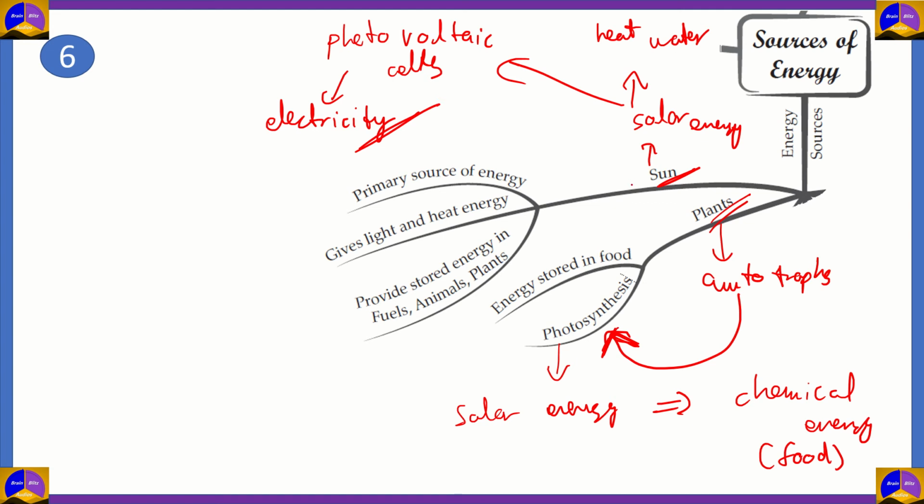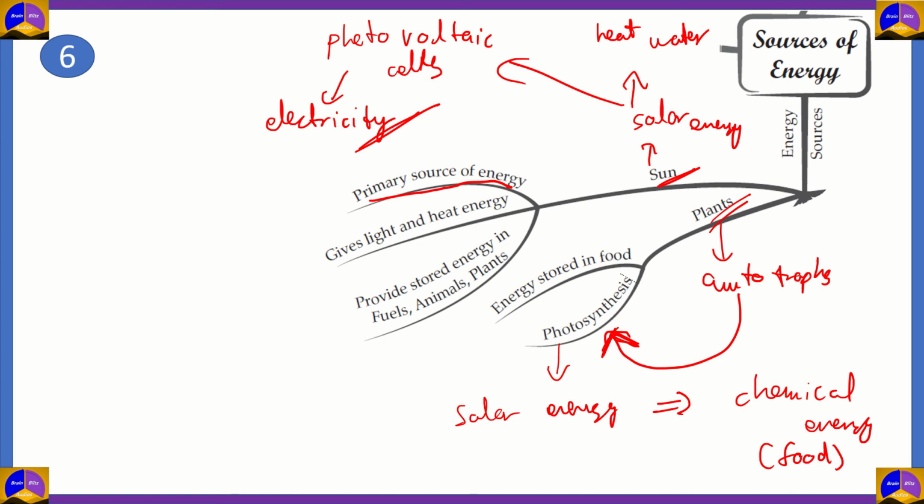The reason why the sun is a really important source of energy is because it is the primary source of energy. The energy that we all get, whether it's from wind or water or even from biosources, is all powered by the sun, because plants gain their energy ultimately from the sun.